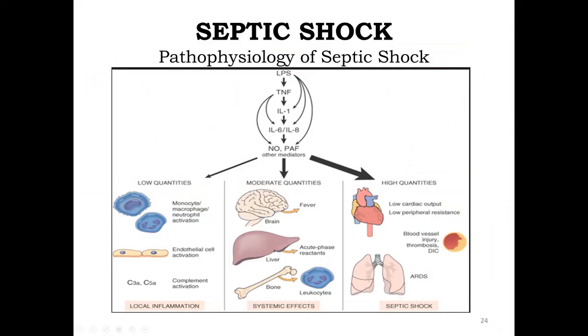Now there is another simplified chart of septic shock showing the pathophysiology. Lipopolysaccharides lead to release of tumor necrosis factor that leads to production of interleukin 1 that is responsible for the production of interleukin 6 and interleukin 8, and then nitric oxide is produced and platelet activating factor.